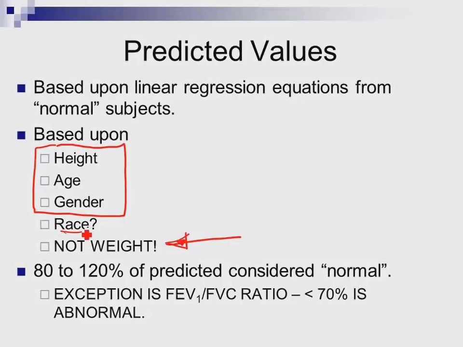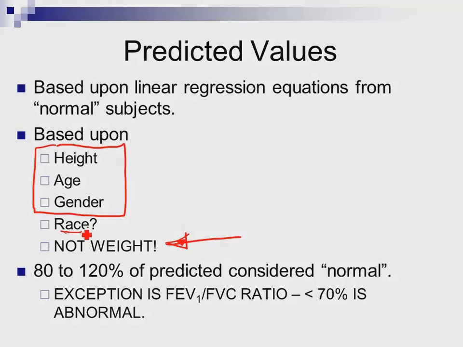Does that make sense? So for some ethnic groups, we actually have created separate tables based upon ethnicity. Or usually we'll adjust the predicted value up or down based upon their ethnicity.